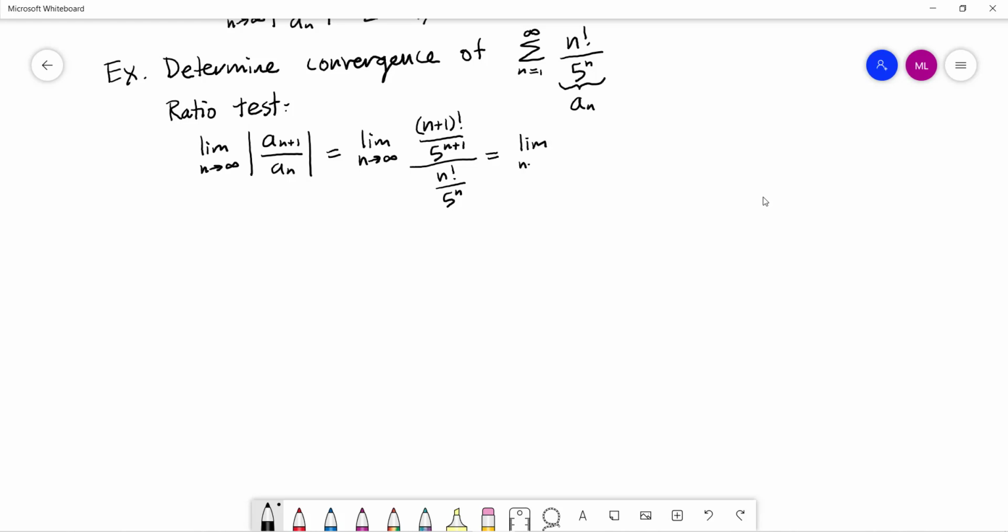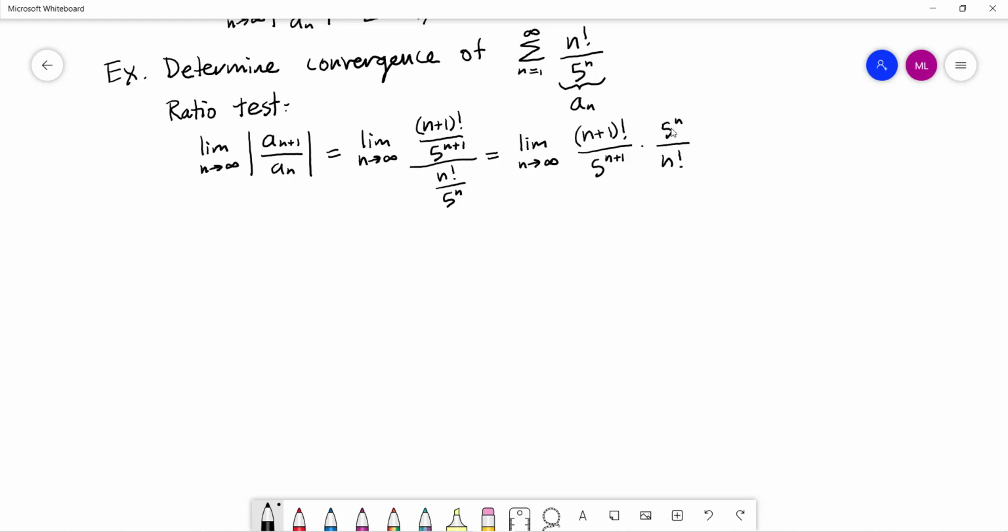But before we do that, let's clean it up a little bit. So what I basically have is n plus 1 factorial over 5 to the n plus 1. Instead of dividing by this, I'm going to multiply by the reciprocal. So I'm going to get a 5 to the n on top and n factorial on the bottom. And now we need to think about what kind of cancellation can occur here.